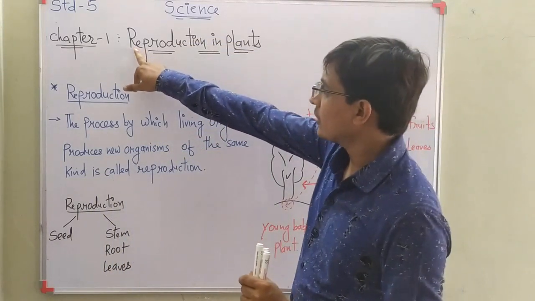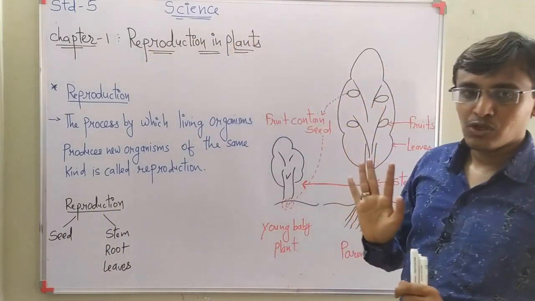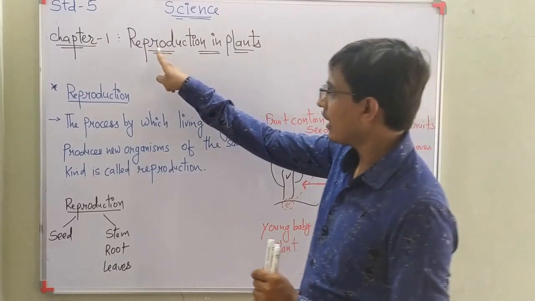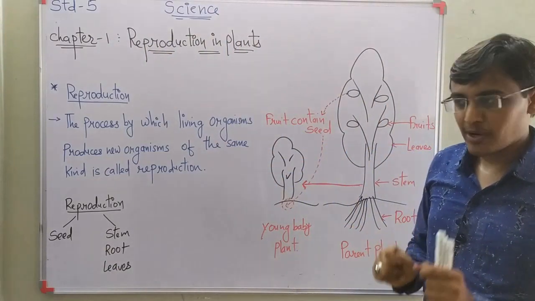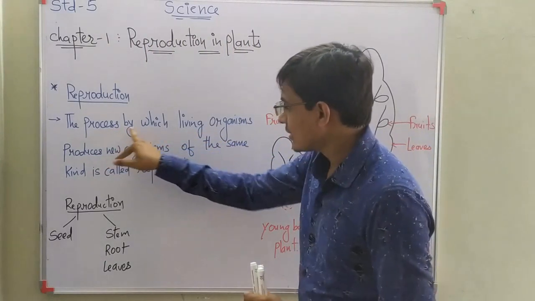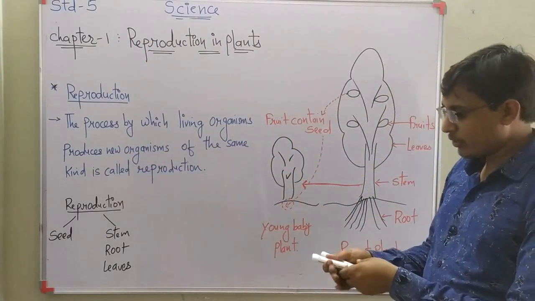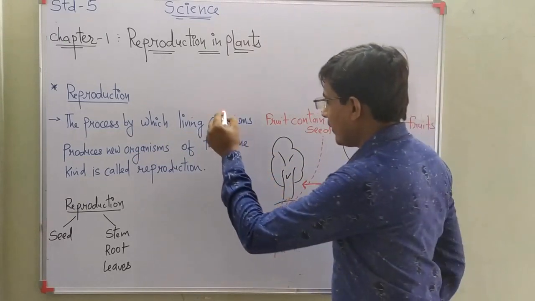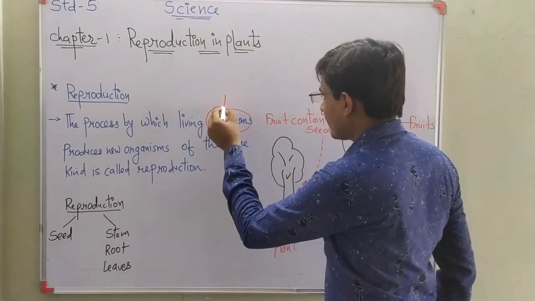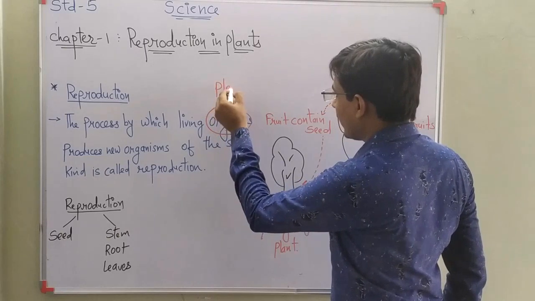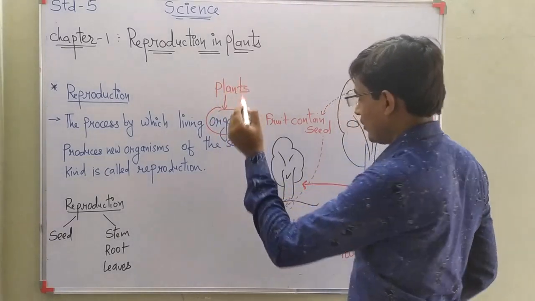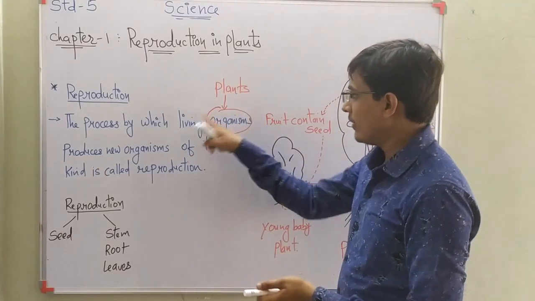Now start with reproduction in plants. First of all, what is meant by reproduction? You see, the process by which a living organism, here the living thing is a plant. We are discussing the plant. So here the living organism is a plant. Plants are living things.